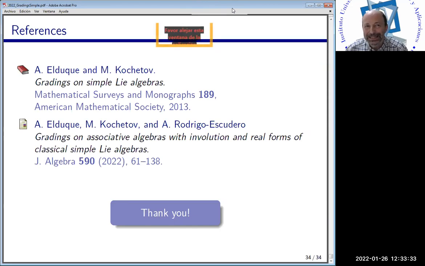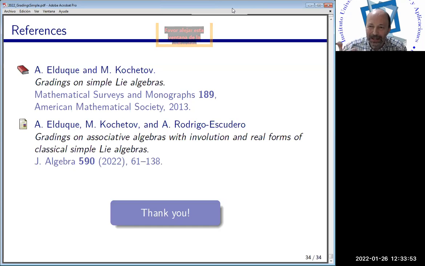But again, we can classify gradings on these smaller systems, and this gives a list, but to be able to prove that the list is complete is another matter.